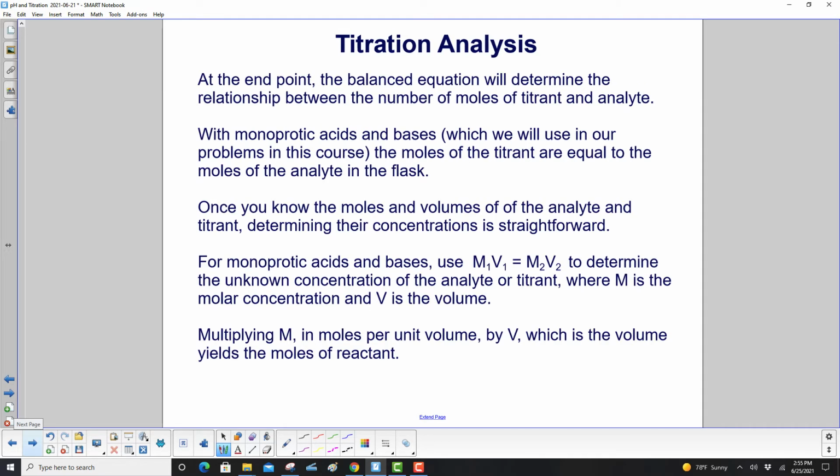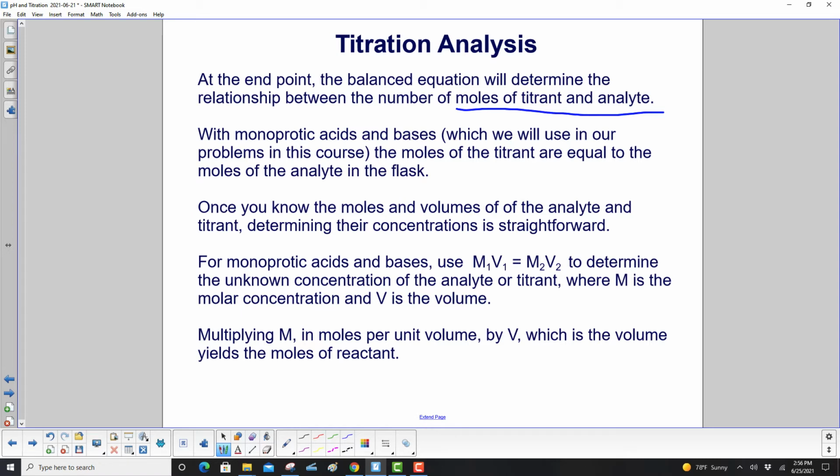At the end point, the balanced equation will determine the relationship between the number of moles of titrant and analyte. With monoprotic acids and bases, which we will use in all our problems in this course, the moles of the titrant are equal to the moles of the analyte in the flask. Once you know the moles and volumes of the analyte and titrant, determining their concentration is pretty straightforward.